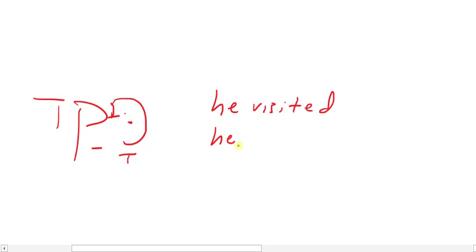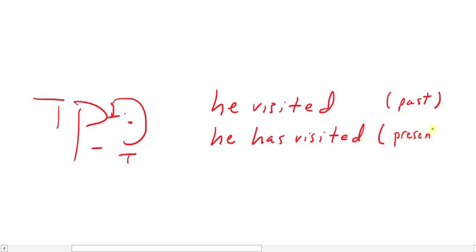I could also translate it as he has visited. And in English, what am I using? I'm not using the simple past. What do we call that kind of tense? Does anybody know their English well enough to know what we call this? I could call it the present perfect. The present perfect uses a form of have in the present plus what's called the past participle. So, he has visited.